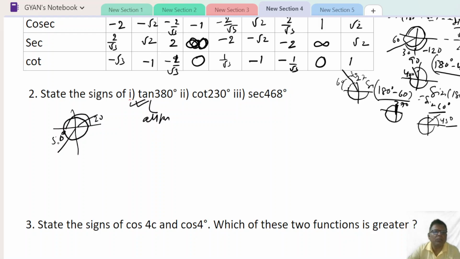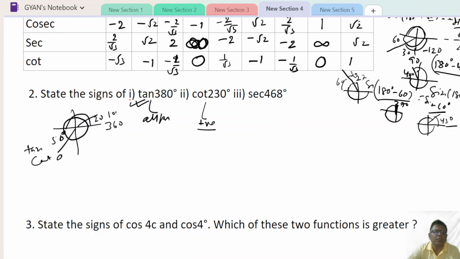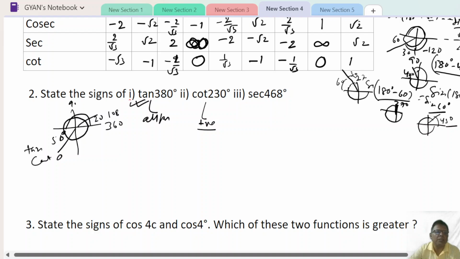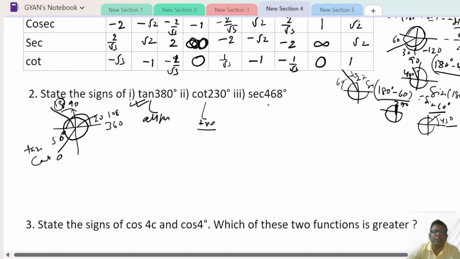So tan is positive. Second quadrant, third quadrant, tan is positive. So all positive. Here sec 468 degrees. So here 360 plus 108. So 108 is 90 plus 18 degrees, and it will come here. So here sec is negative because only sine and cosec are positive. So this will be negative.